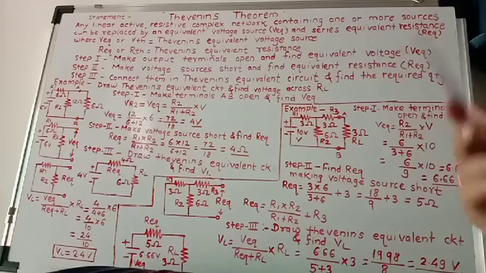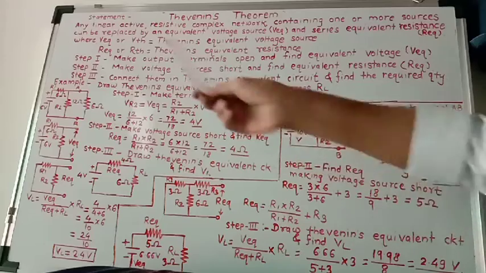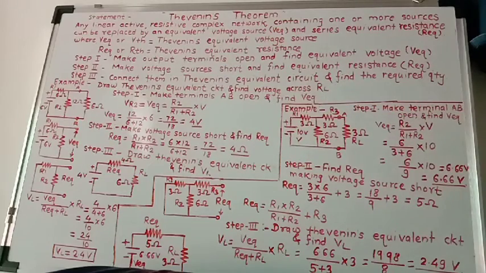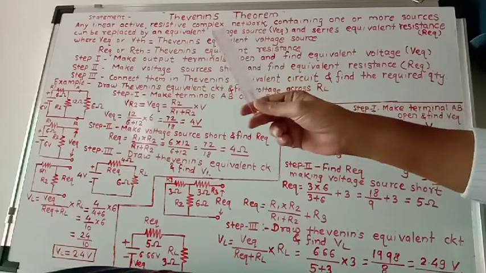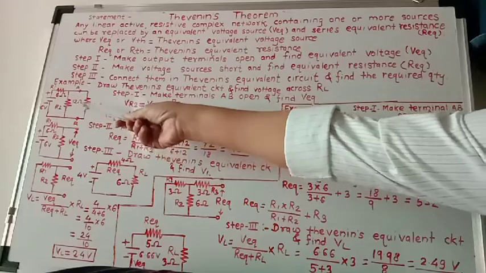Okay, now to verify Thevenin's theorem, there are three steps. The first step is we have to make the output terminals open. That is, we have to disconnect the load resistance from the circuit.